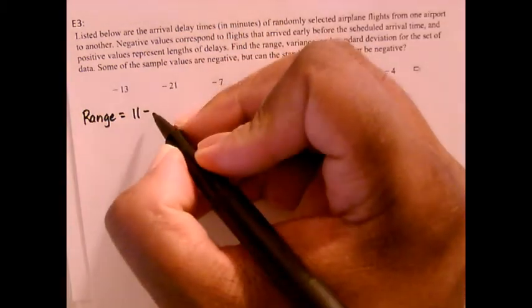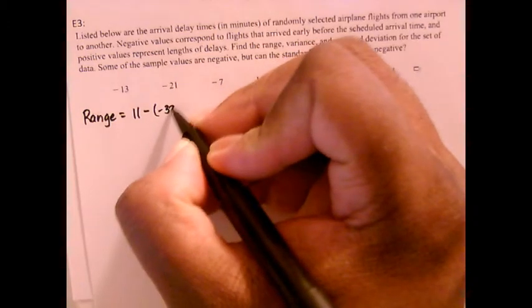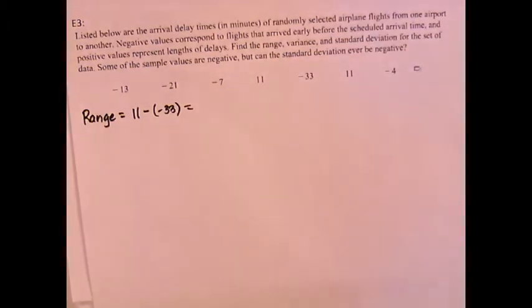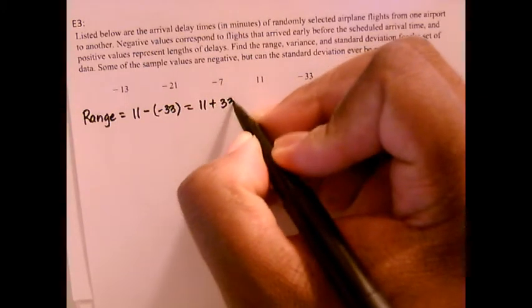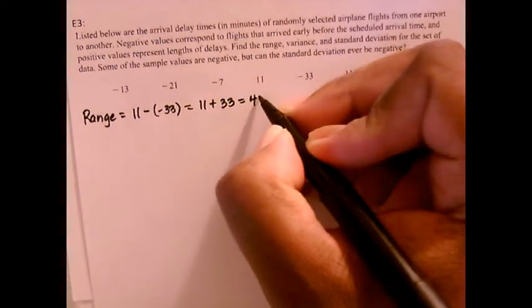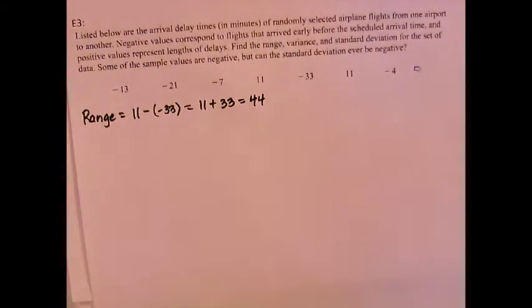So we're subtracting the smallest from the largest, so this will be 11 minus negative 33. Now, 11 minus a negative 33 is the same as saying 11 plus 33, which will be 44. So the range of that set of data will simply be 44.